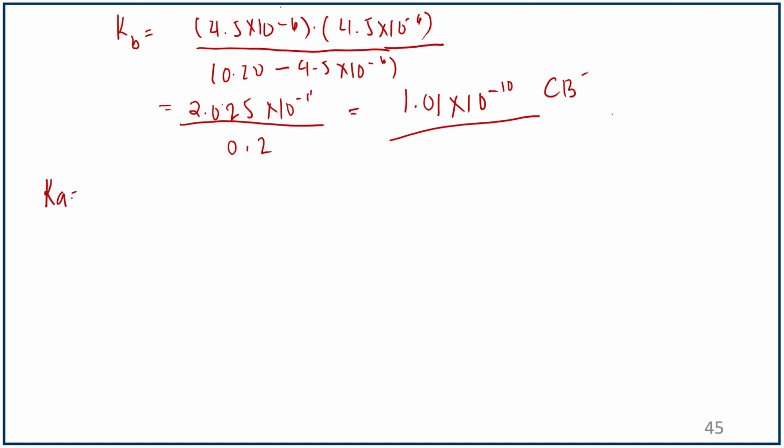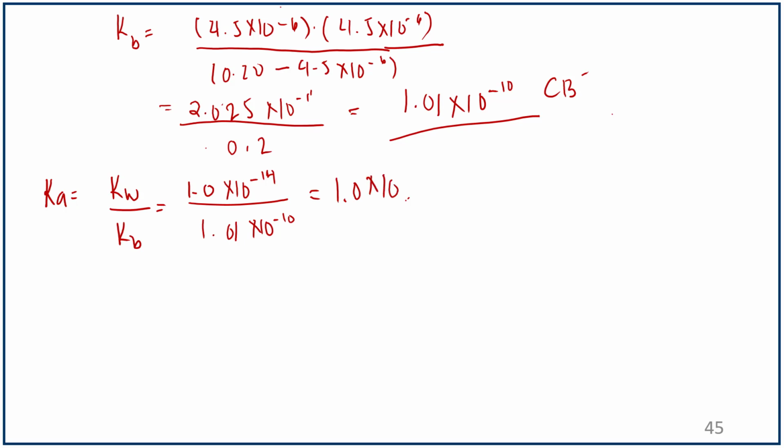So Ka should just be equal to Kw divided by Kb. So that should be 1.0 times 10 to the negative 14 divided by 1.01 times 10 to the negative 10. Let me just rewrite this. Okay, and this will give you 1.0 times 10 to the negative 4.